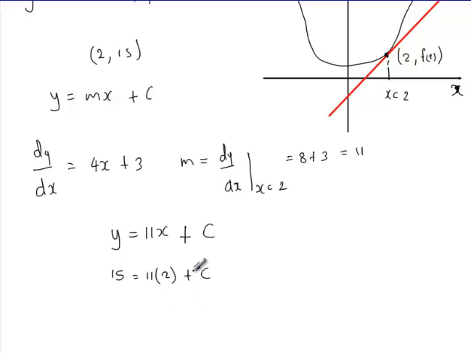Since that point belongs to the line, this is true for this line. Then from there, we can calculate c. Therefore, c is equal to 15 minus 22.